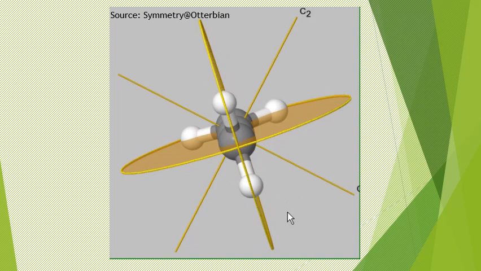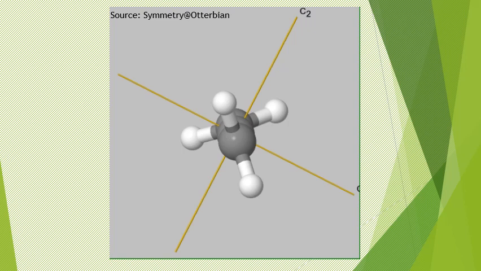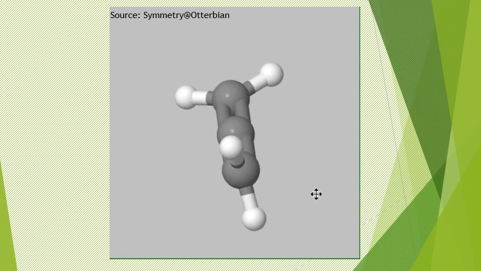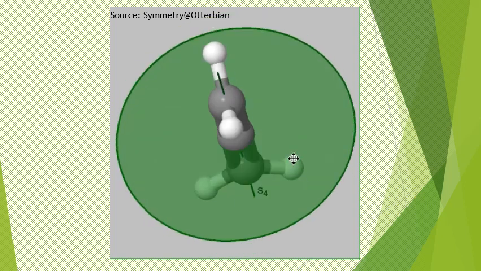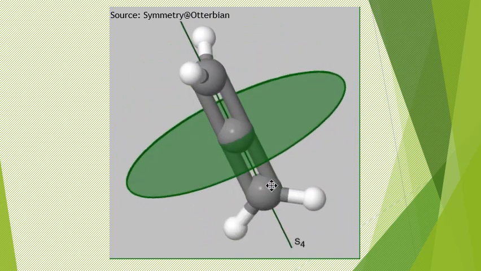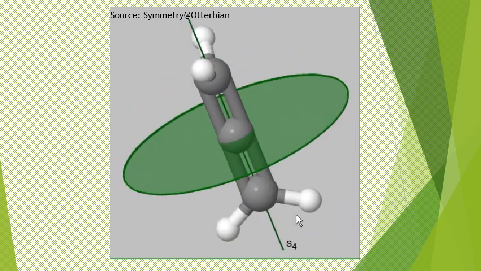And along with this, the S4 axis, which is very important, is there for this molecule. Where is that S4 axis? You find it here. The S4 axis is collinear with the C2 axis, the principal axis. Right now we can carefully observe the things. See, by C4 rotation, this hydrogen comes somewhere here, and this hydrogen comes somewhere here.